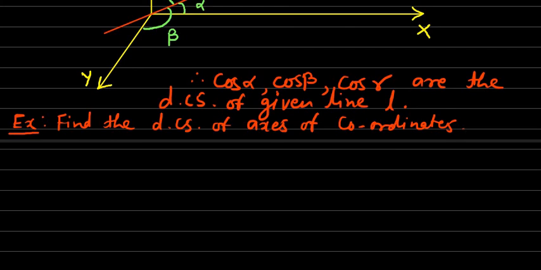So we have to find out the direction cosines of coordinate axes. This is a very simple example, so we'll solve this one.